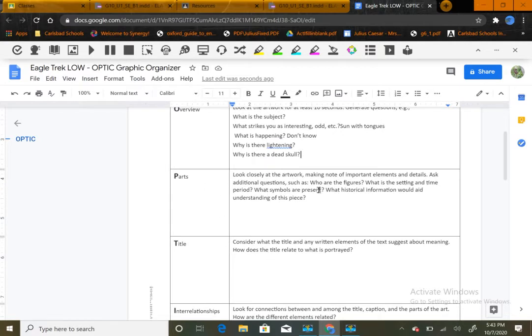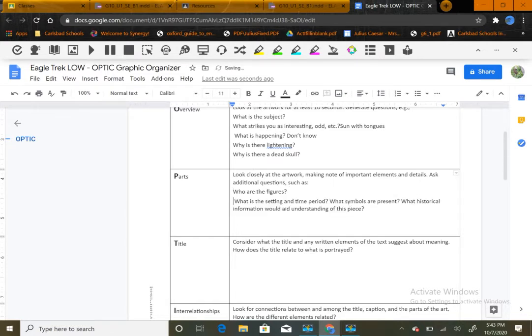All right, so next, that's the overview. Next is the parts. Look closely at the artwork, making note of important elements and details. Ask additional questions, such as who are the figures, what is the setting and time period, what symbols are present, what historical information would aid in this piece, why is she in the middle of the painting, or you can just answer them.